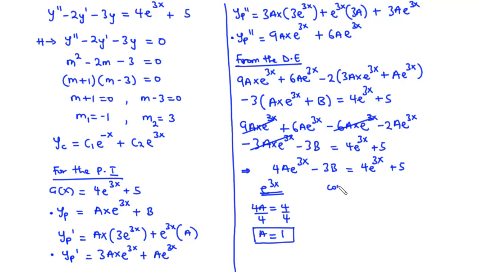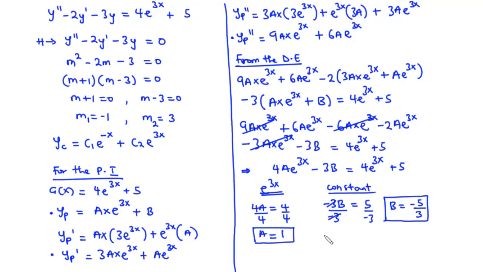And then for the constant, we have negative 3b equals 5. We divide through by negative 3, and then we have b equal to negative 5 over 3.